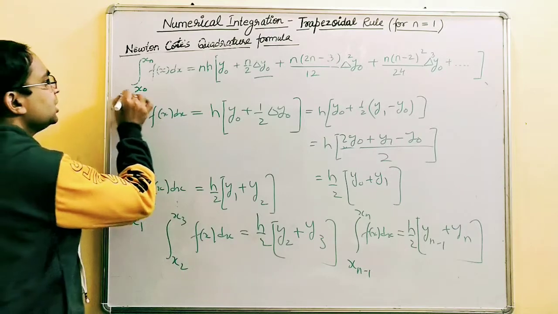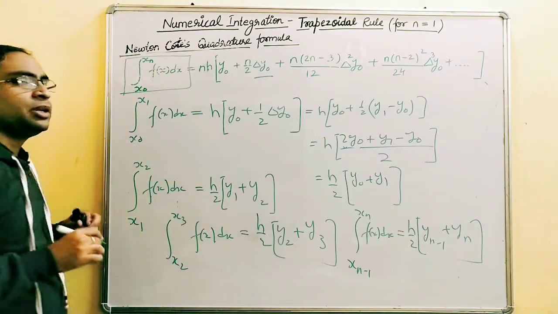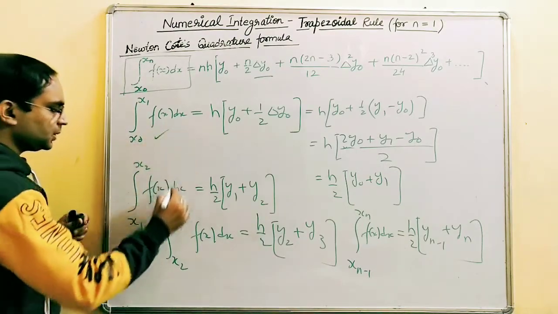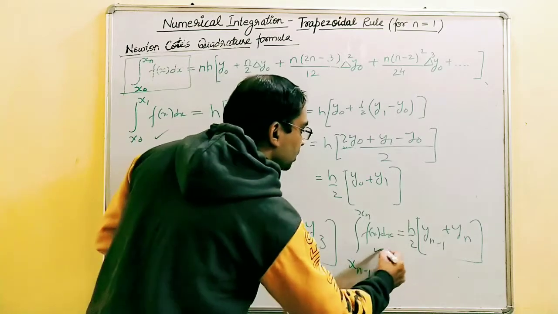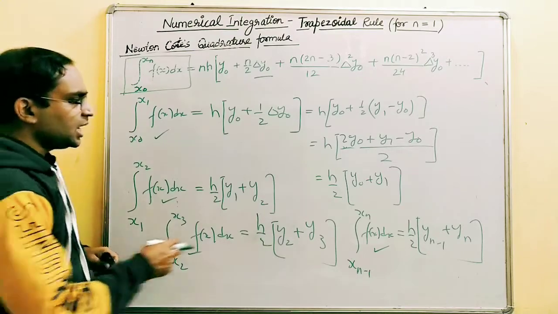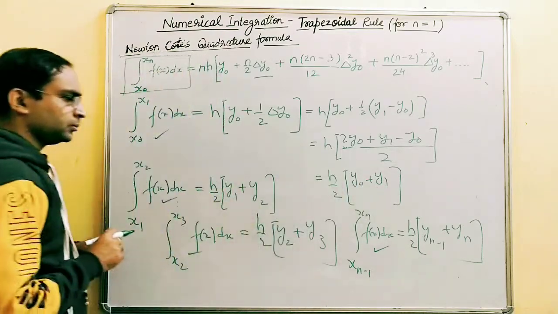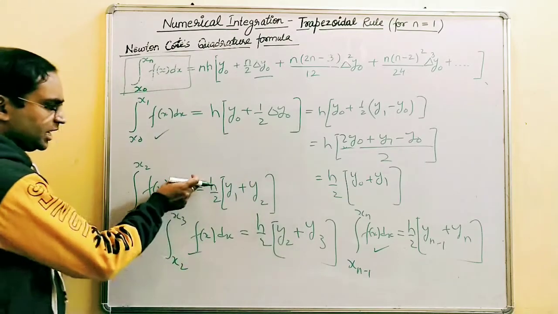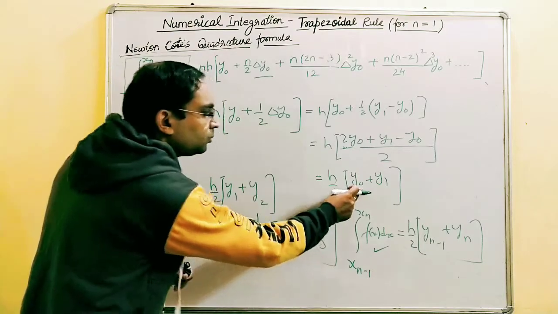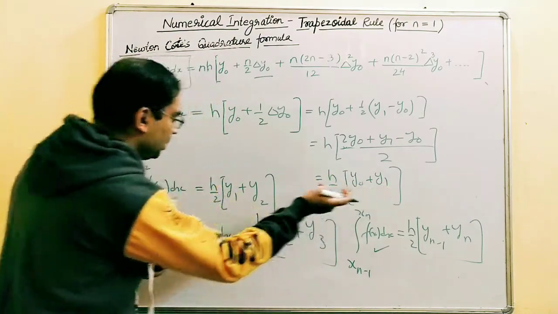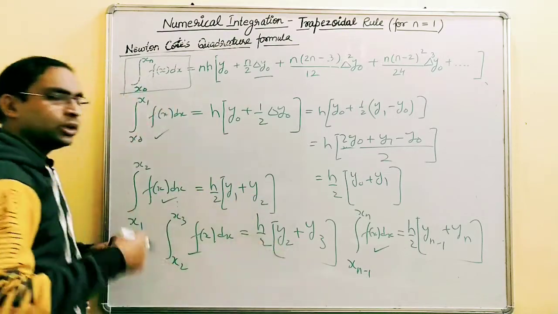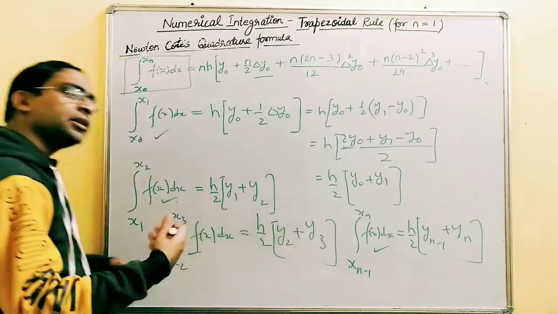Now, to evaluate this, as we already know that this can be written as the sum of the subinterval integrals, we'll sum all these together. Once we sum them, we can see that from x0 to x1 we had h upon 2 times y0 plus y1, so we have h upon 2 common in all. y0 comes once, and then y1 will come twice, y2 will come twice, y3 will come twice.